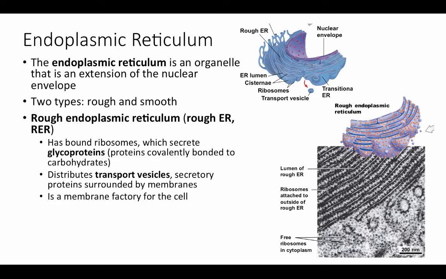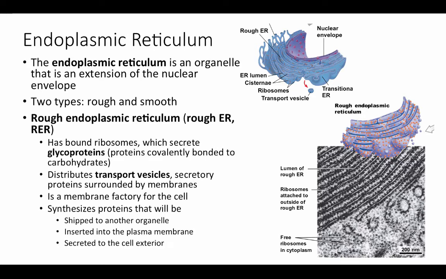It's also a membrane factory for the cell, so this is constantly producing new cell membrane. The ribosomes in the rough ER are going to synthesize proteins that will either be shipped to another organelle in a very specific way, so we want it contained in a little membrane vesicle to keep it all together until it gets to that other organelle.